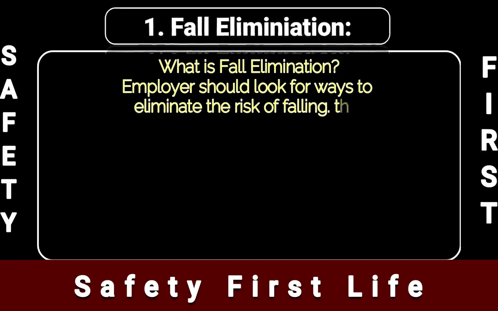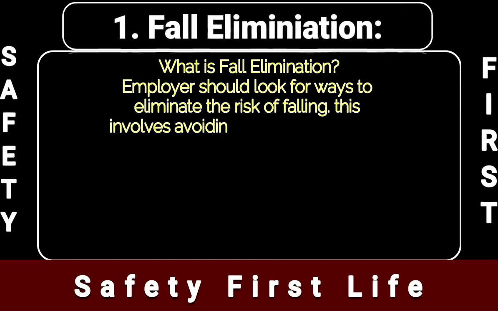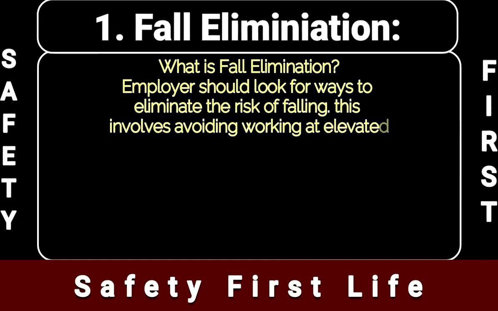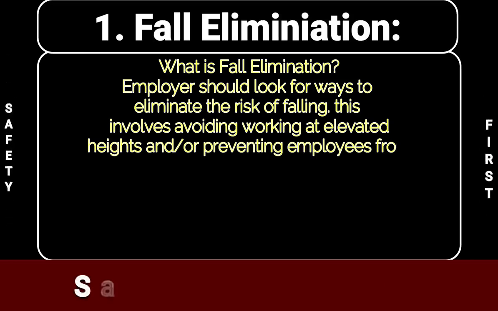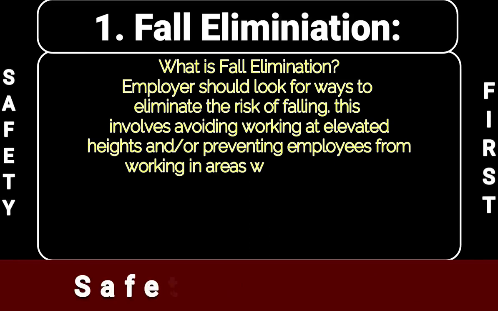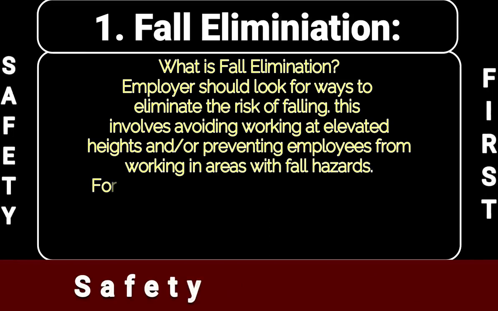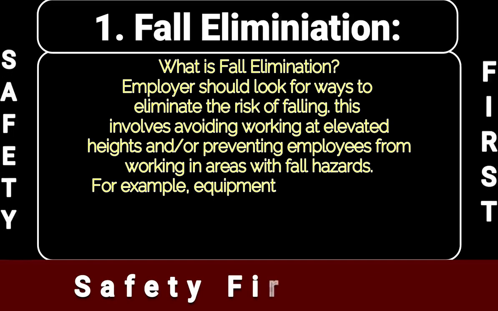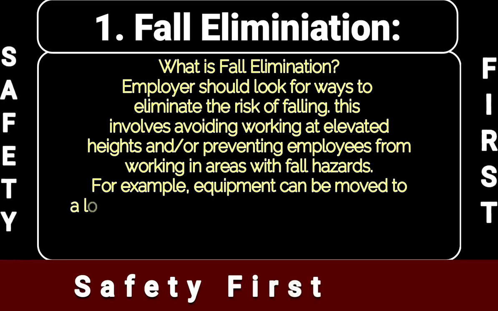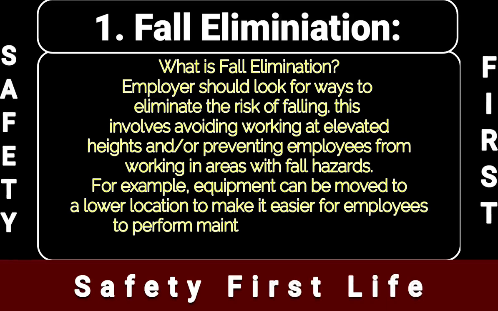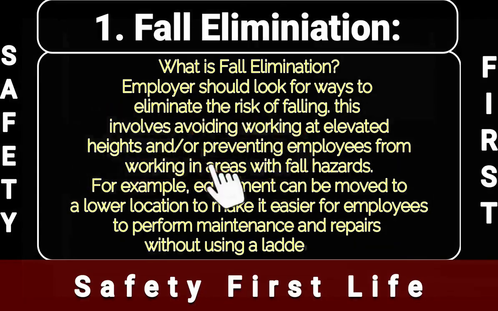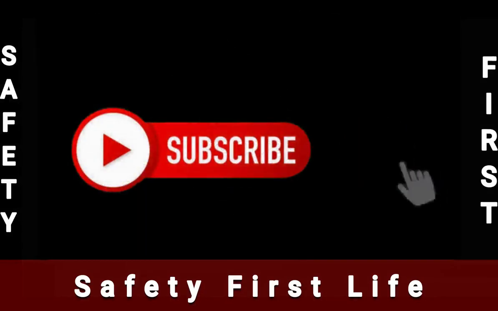Under fall elimination, employers should look for ways to eliminate the risk of falling. This involves avoiding workers at elevated heights and preventing employees from working in areas with fall hazards. For example, equipment can be moved to a lower location to make it easier for employees to perform maintenance and repair work without using a ladder or lift.